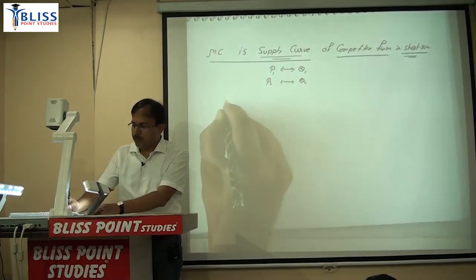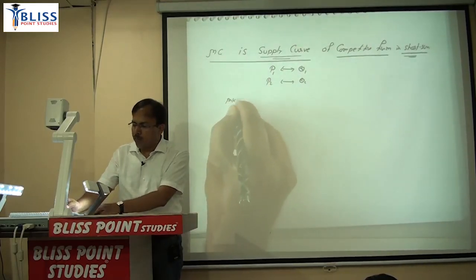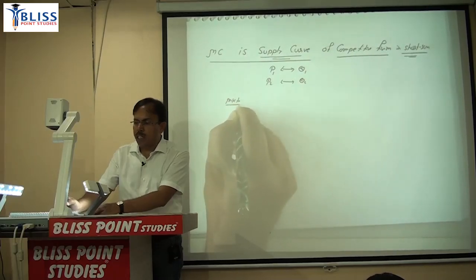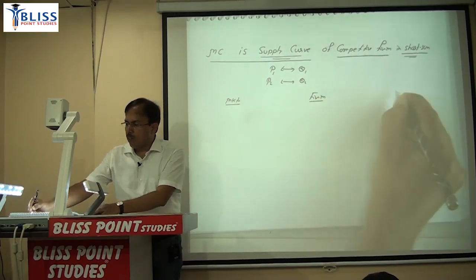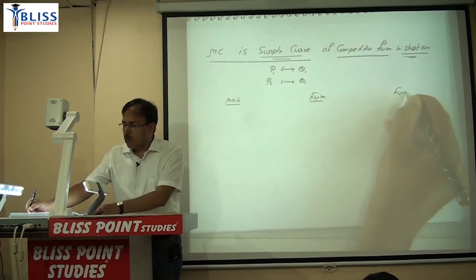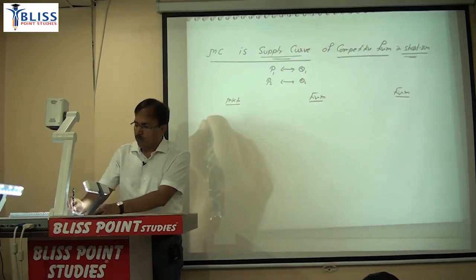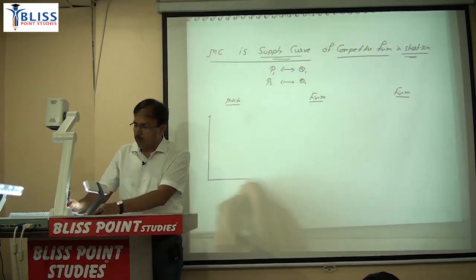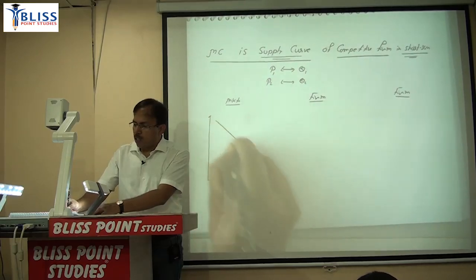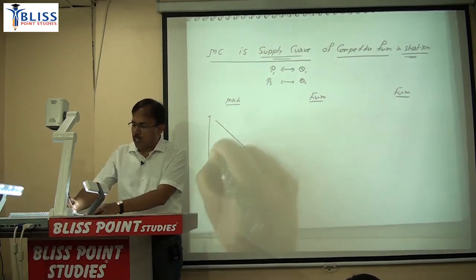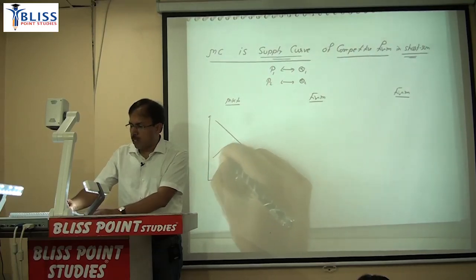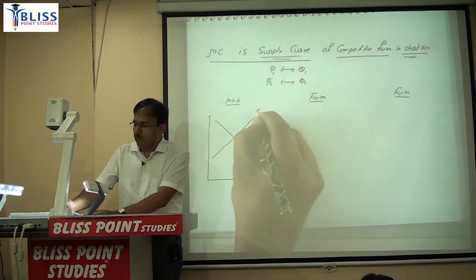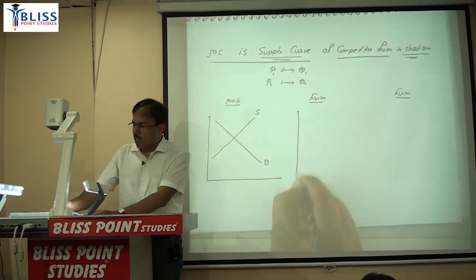Just यहाँ पहले I am drawing this diagram for market, that is industry, and this is for firm, and this third diagram is also for firm. Suppose intersection of demand and supply curve is at this point. So what is the market price right now?